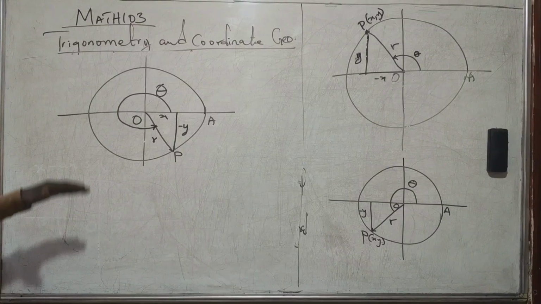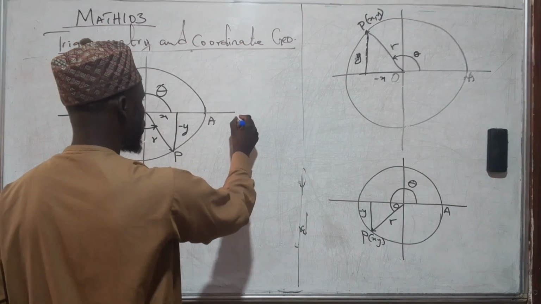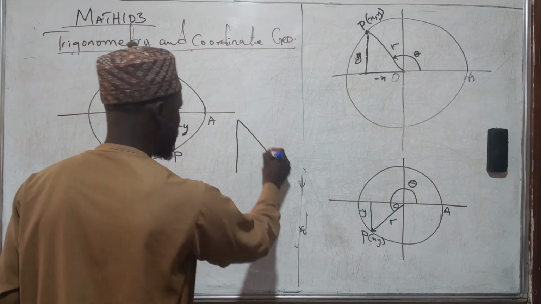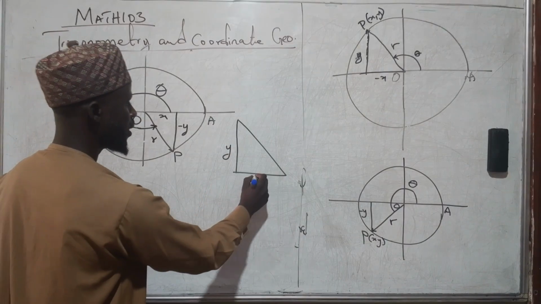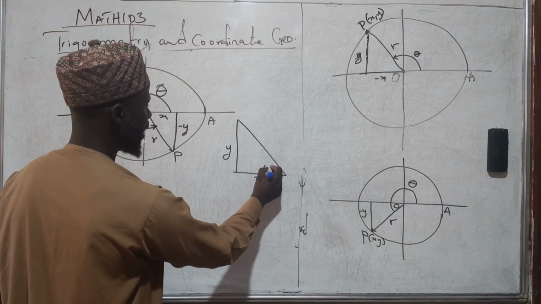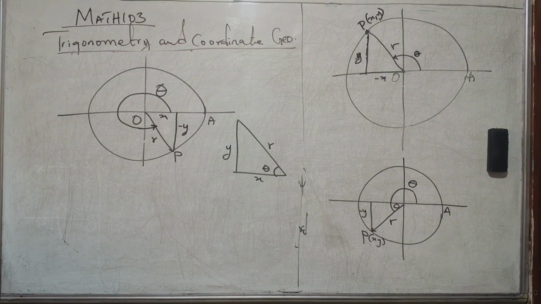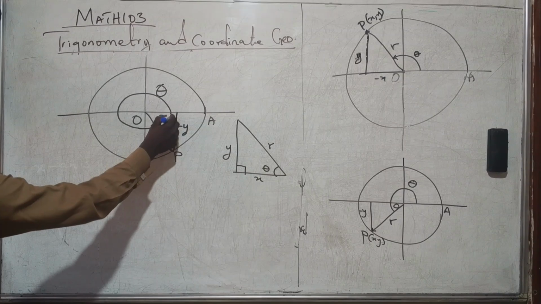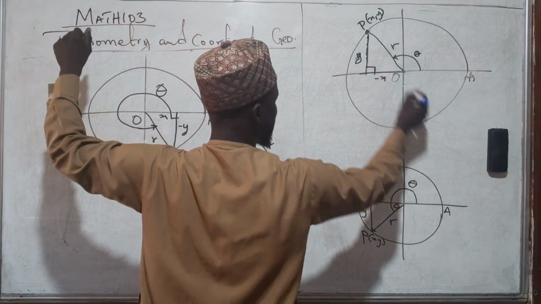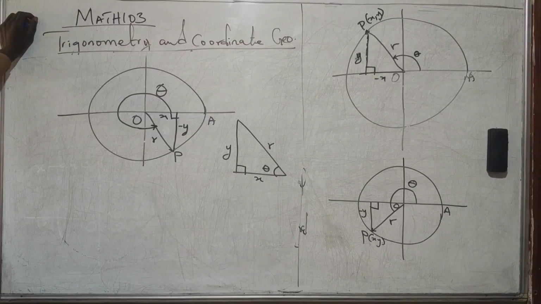So to check the trigonometric functions of all these angles, we draw a right-angled triangle. Here is y, the x, while here is theta, and this is r. So these are the triangles in these four diagrams, in the four quadrants.